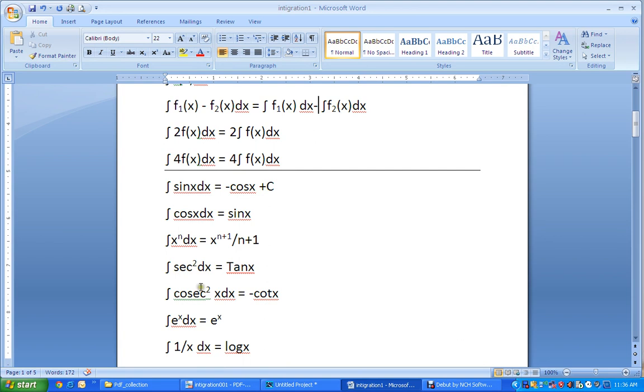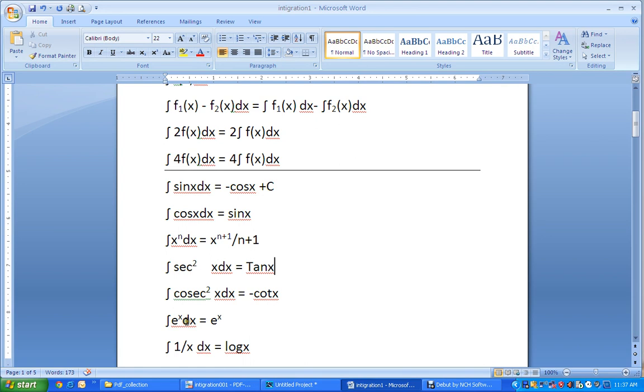Integration sec square x dx will be tan x. Integration cosec square x dx will be minus cot x.